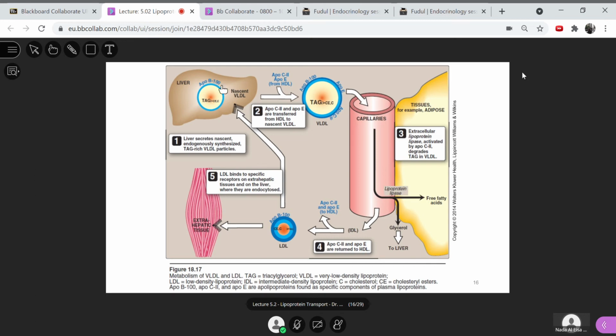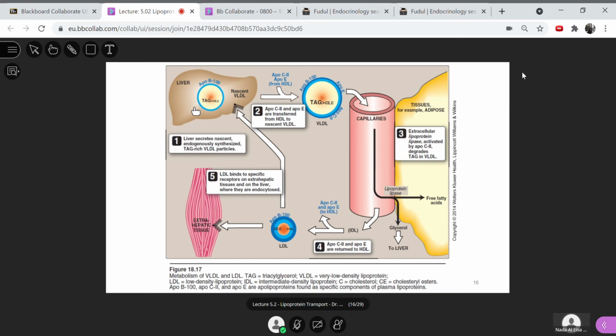So there is the VLDL pathway, synthesized in the liver, initially as a nascent VLDL, similar to chylomicron. Once they are released in the circulation, we talked about these two that transport the triacylglycerols, one for endogenous, one for exogenous. There are quite a lot of similarities between them in the pathway.